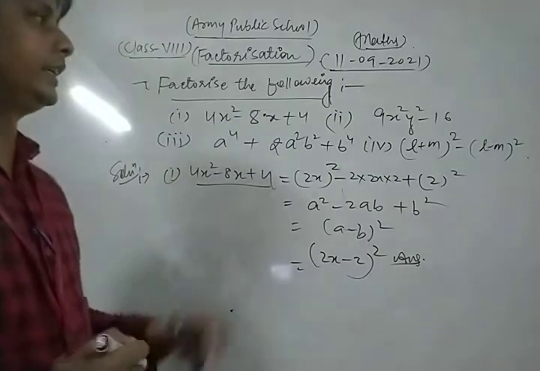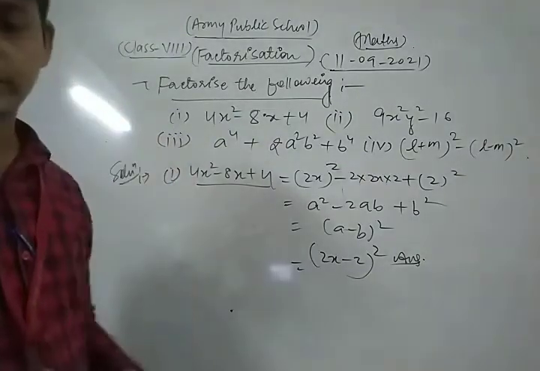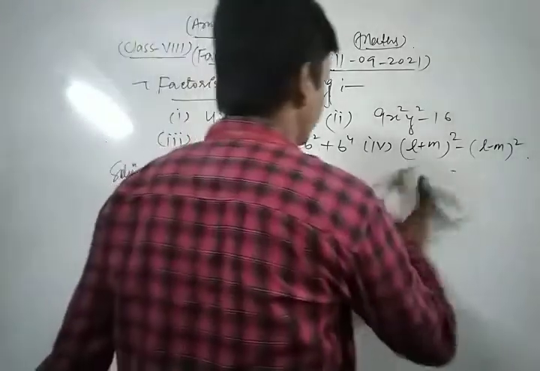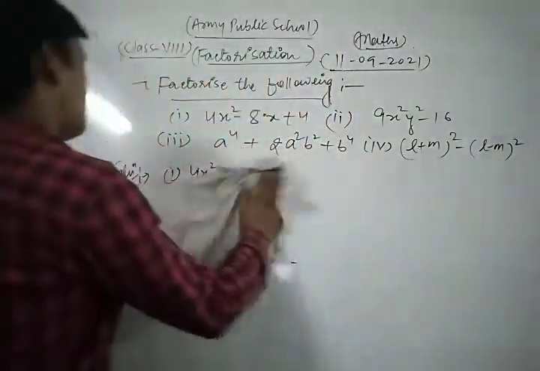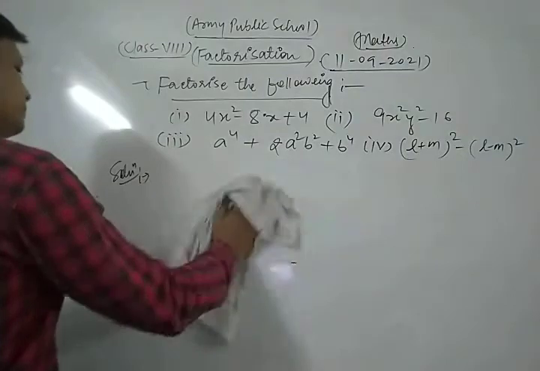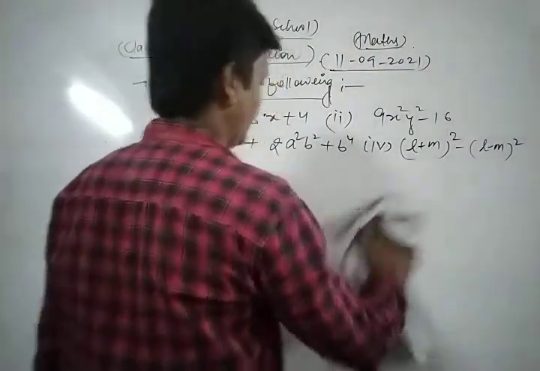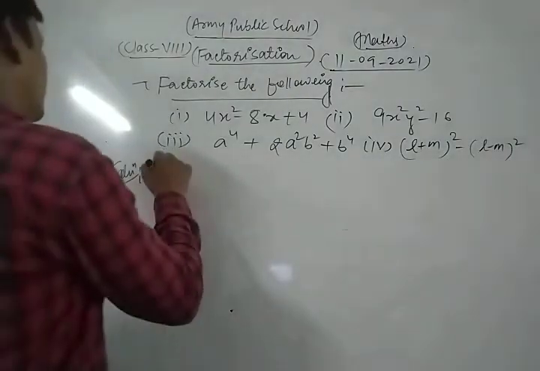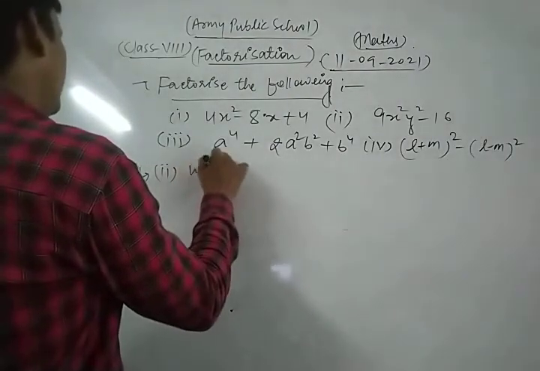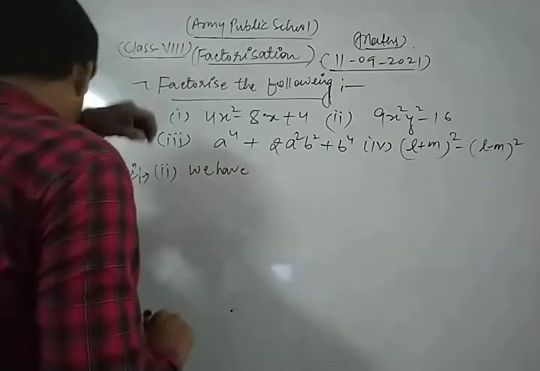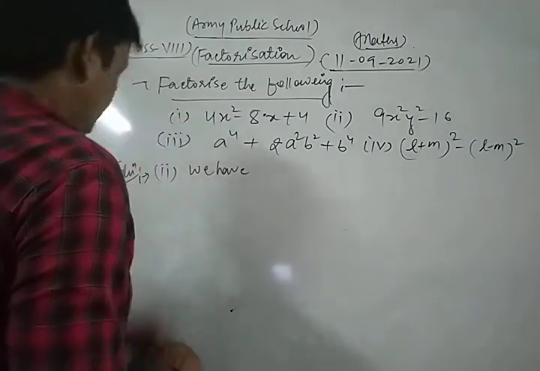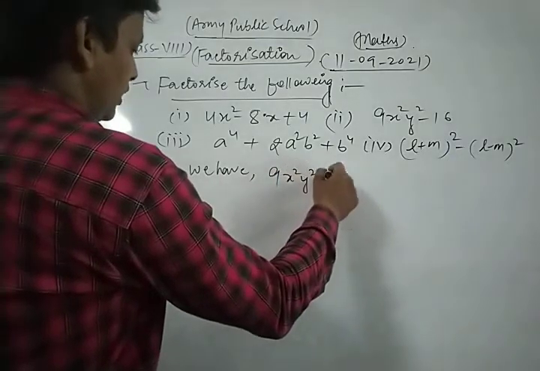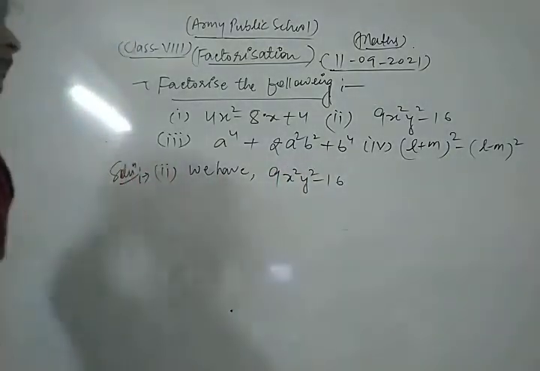Now we take and solve the second part of this question. The second part is 9x square minus y square minus 16.